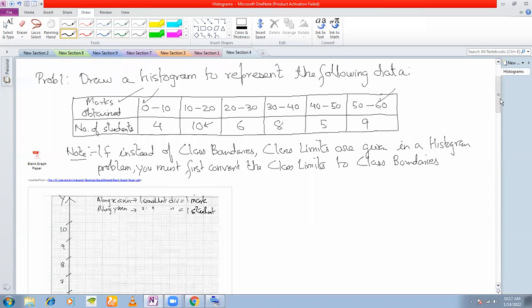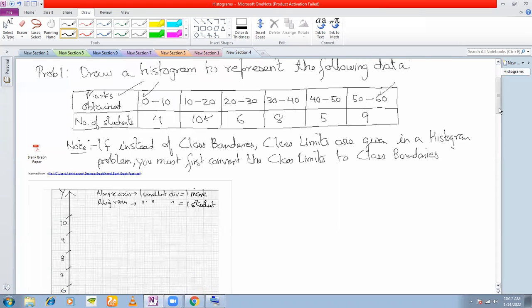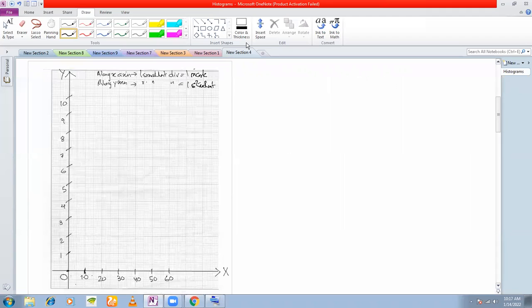How to draw? First of all, you see 0 to 10 is 4. So the frequency is 4. You reach 4 and you draw a vertical line from 0 to 10, and then you complete this rectangle. So this is your first rectangle for 0 to 10.